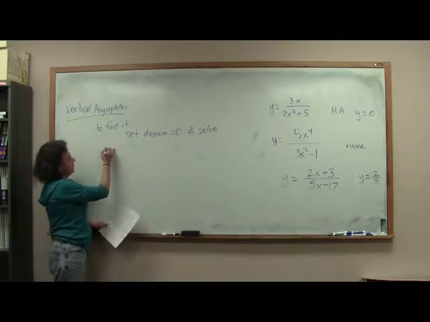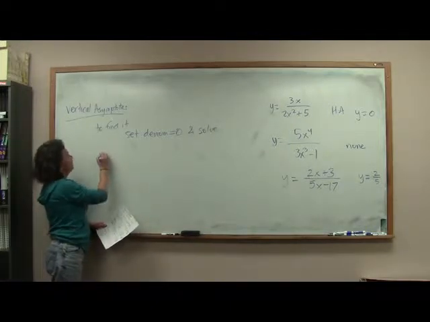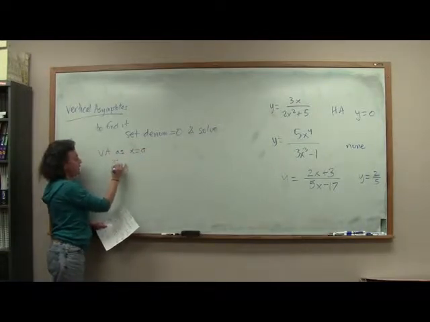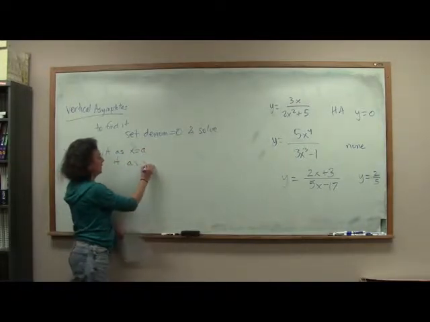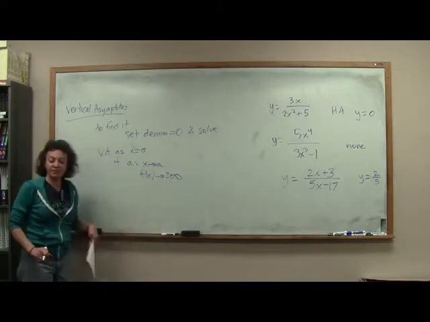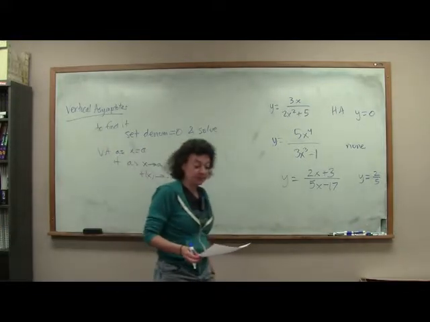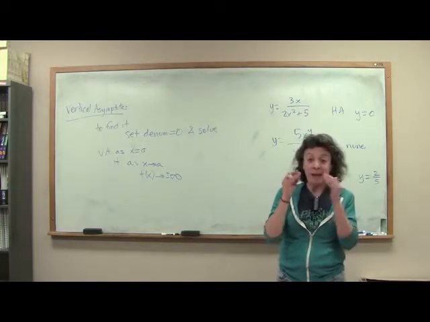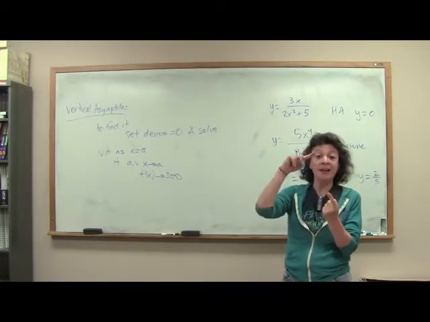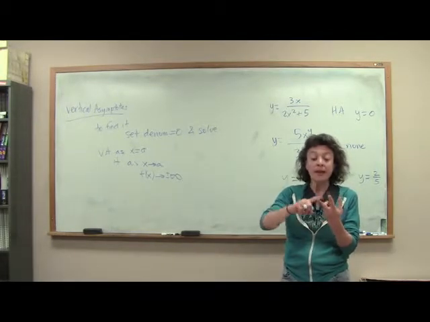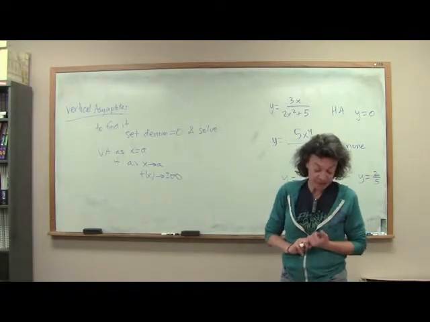So essentially, you have a vertical asymptote, again, at x equals a, if as x approaches that value, your function values either shoot up to positive infinity or shoot down to negative infinity. Now that we've laid down our horizontal asymptote and our vertical asymptotes, and we've already discussed our intercepts, we're ready to graph.